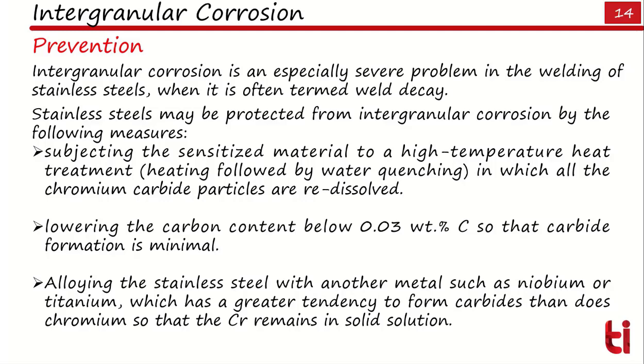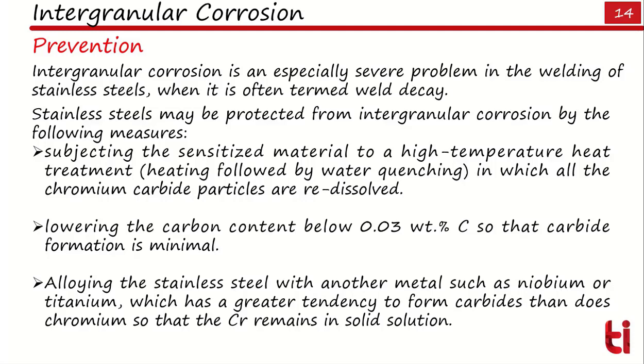The possibility whether you can minimize the carbon content or not depends on many other factors. So you need to put those factors into your design criteria, and still, if your design criteria allows this, you should do that. The third possibility is alloying the stainless steel with other metals such as niobium or titanium, which has greater tendency to form carbides than does chromium.